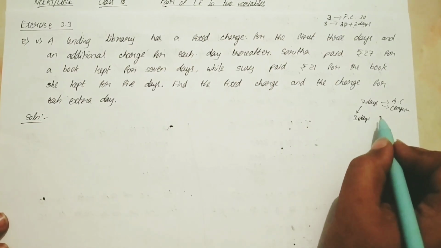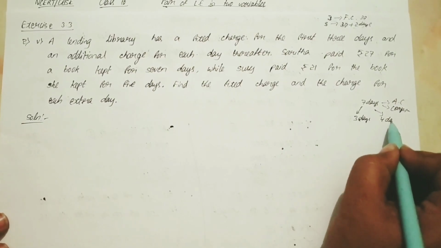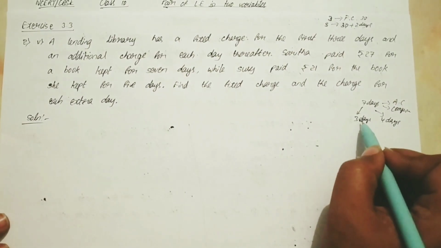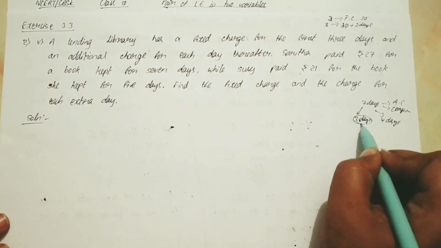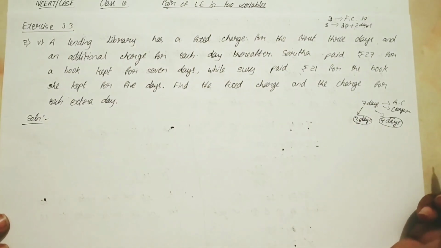So what is the number of extra days she kept the book? 7 minus 3, 4 days, right? So she has to pay the fixed charge for the first 3 days and additional charges for the 4 days she kept it.